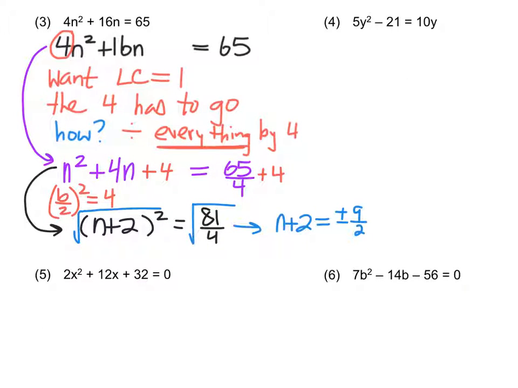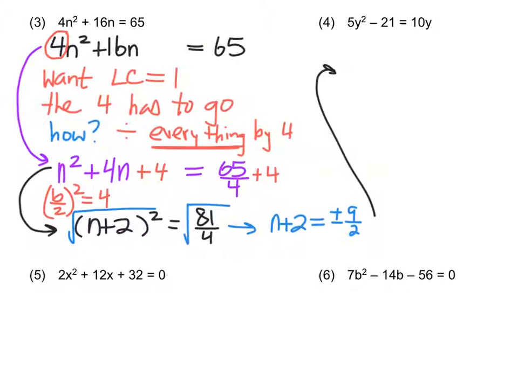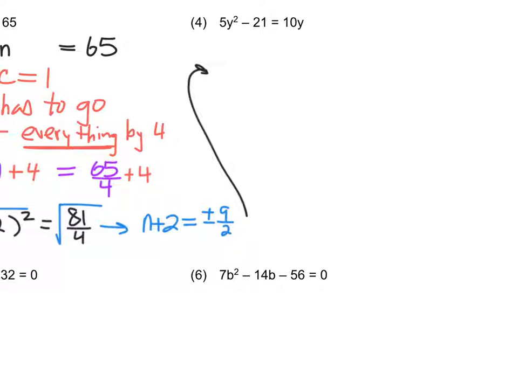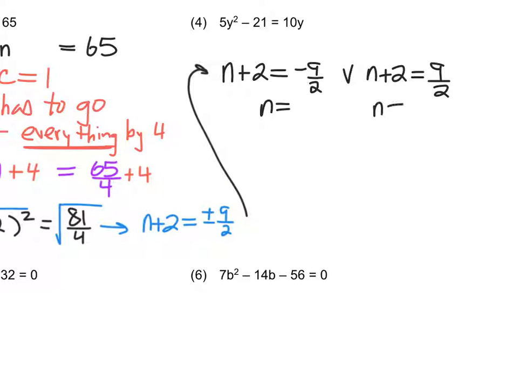All right, so if we're going the distance here, I'll just steal this space over here, we would have 2 equations. N plus 2 equals negative 9/2, or n plus 2 equals positive 9/2. So I have to subtract 2 from both sides in each case.